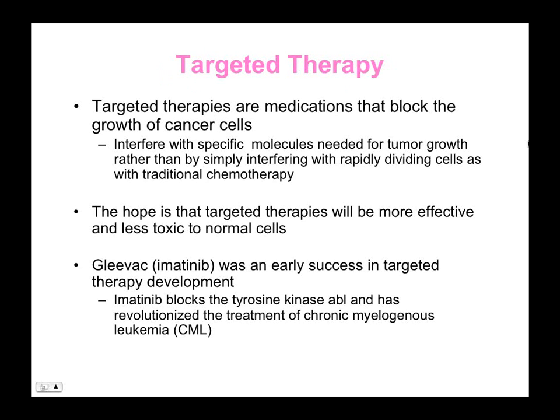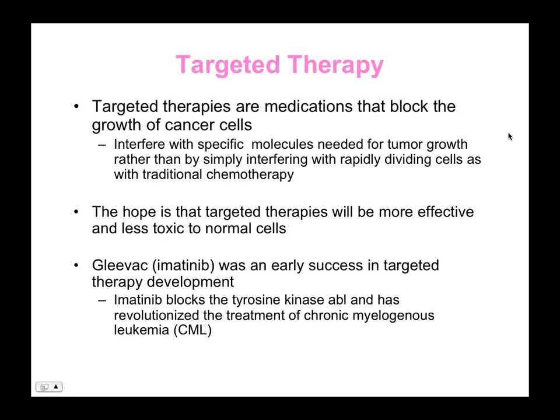So I wanted to just talk a little bit about targeted therapy, and there's a lot of overlap with these terms, biologic therapy, targeted therapy. But targeted therapies are medicines that block the growth of cancer cells, and they do this by interfering with very specific molecules needed for tumor growth, rather than, as with traditional chemotherapy, just interfering with rapidly dividing cells.